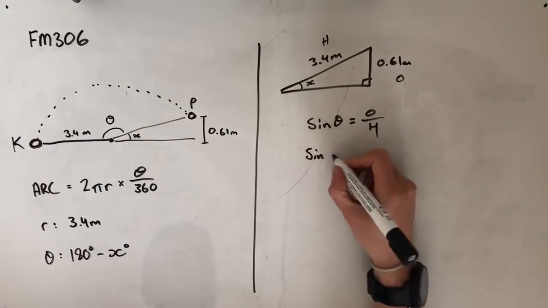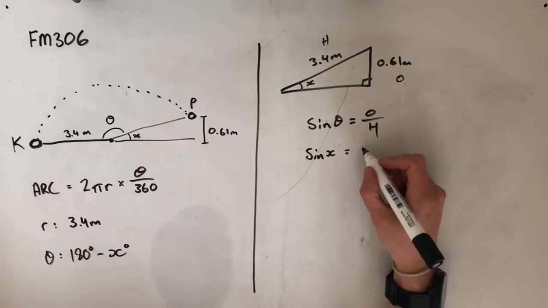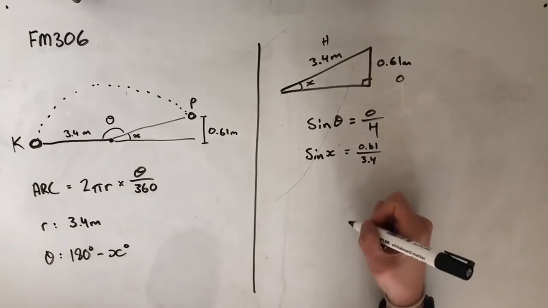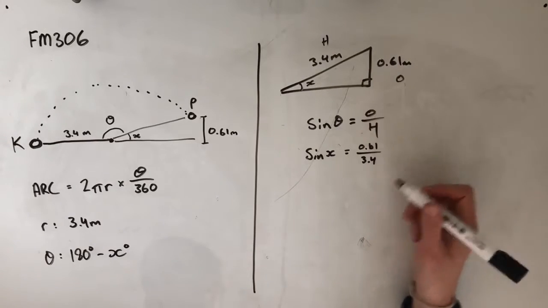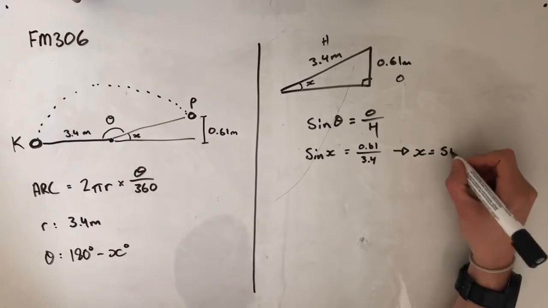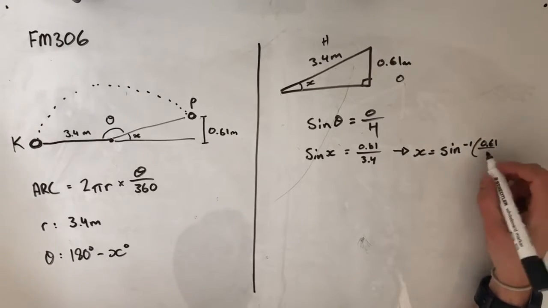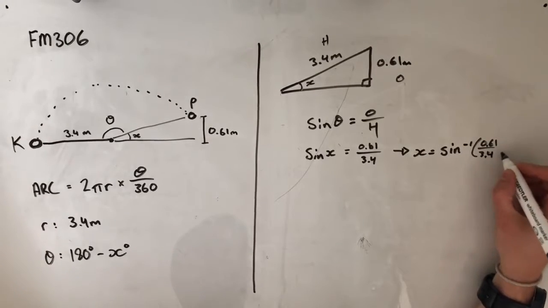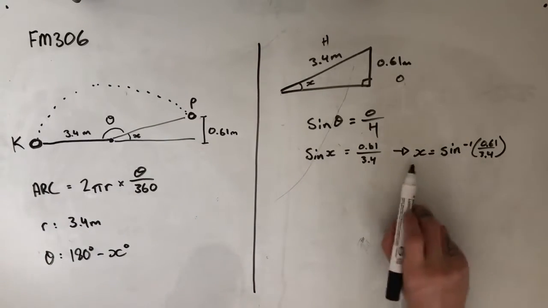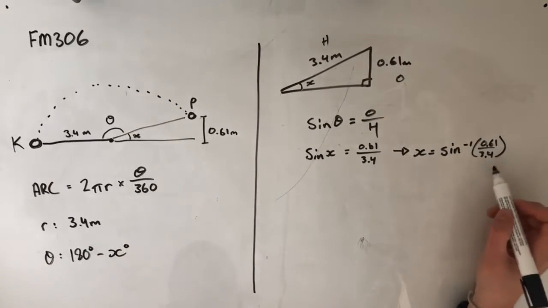Substituting our values in here, we get sine of x is equal to 0.61 over 3.4, and rearranging that, we get x equals sine inverse of 0.61 over 3.4. So substituting our values and then rearranging for our unknown, we get x equals sine -1 of 0.61 over 3.4.